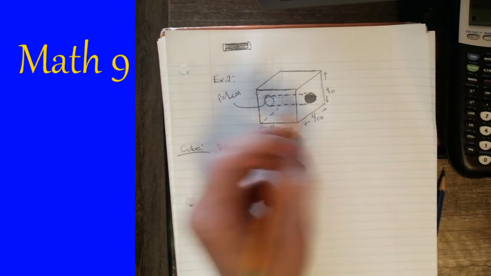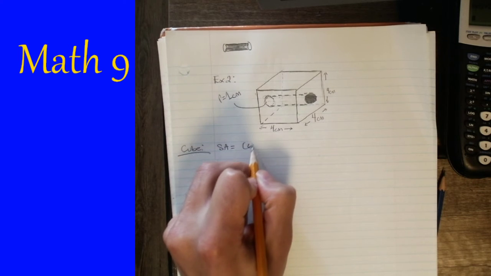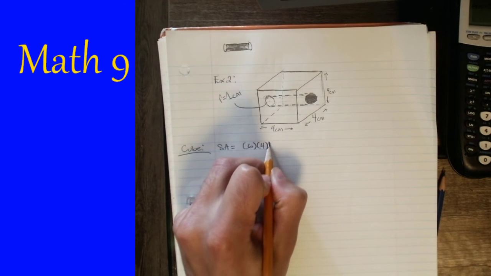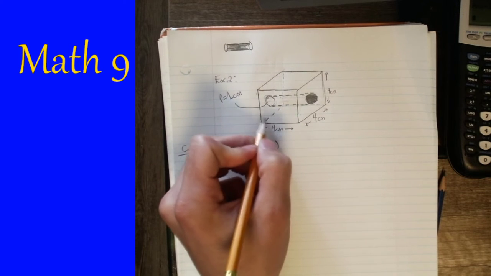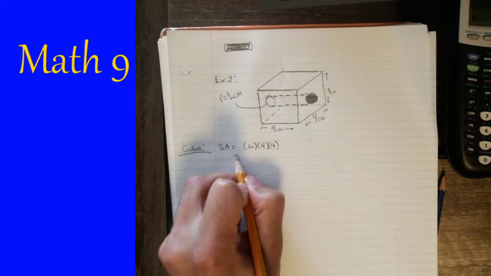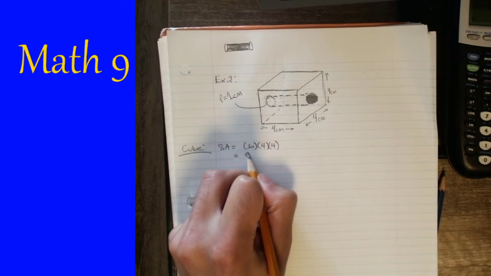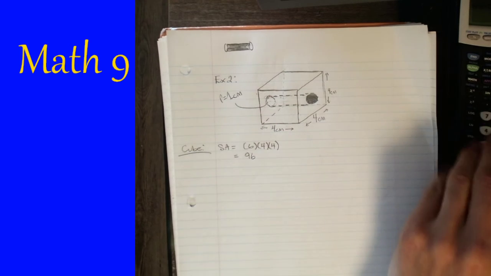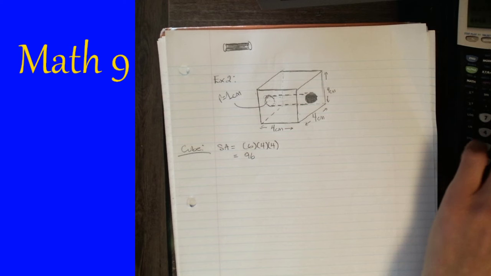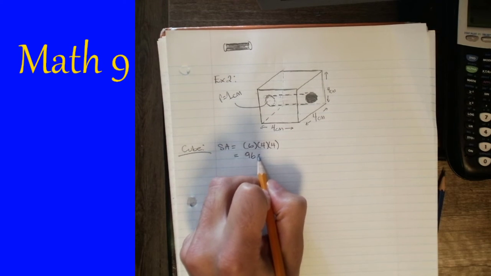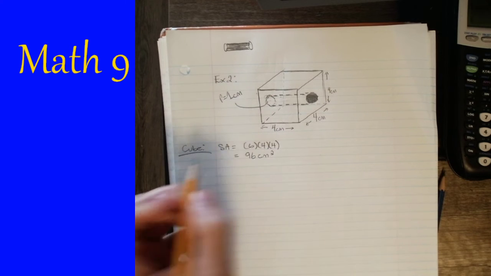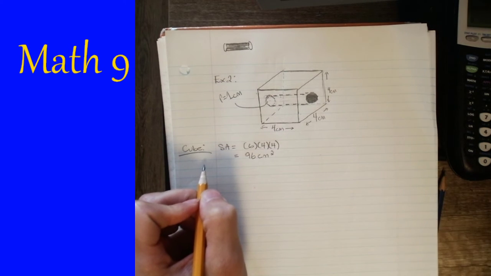There are 6 sides and they're all the same. So it's 6 multiplied by 4 by 4. 4 by 4 gives me that face. And then there are 6 of them. So that is, I believe, 96. 4 by 4 by 6. Yep, 96 centimeters squared. So that's the surface area of the cube.